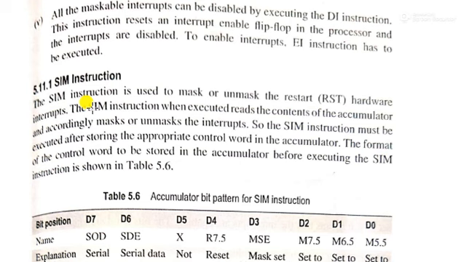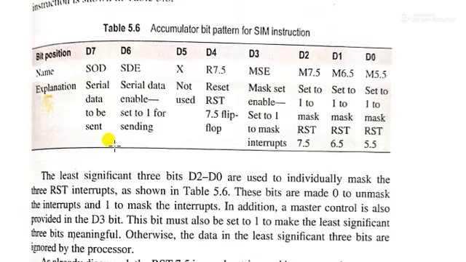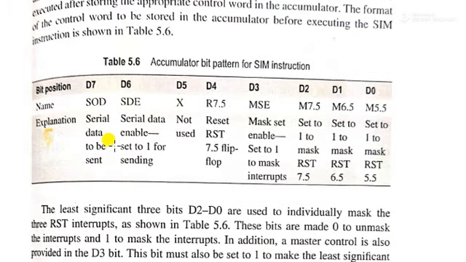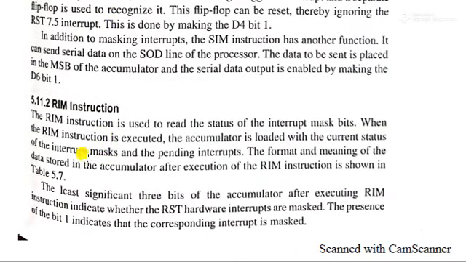On the other hand, the full form of RIM is Read Interrupt Mask. Previously, which interrupts were masked and unmasked, that status is known to us after the RIM instruction.